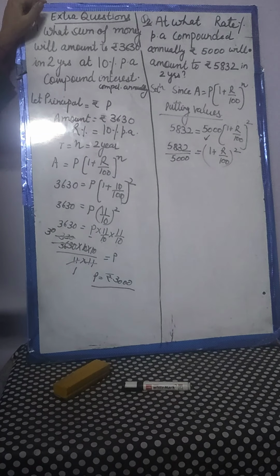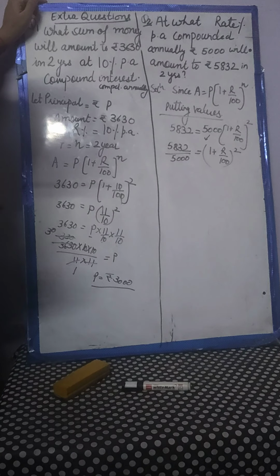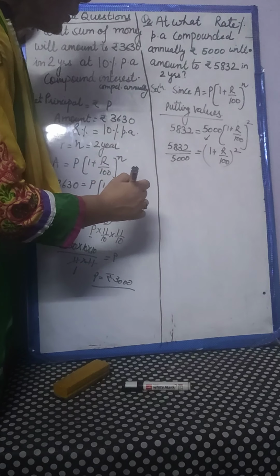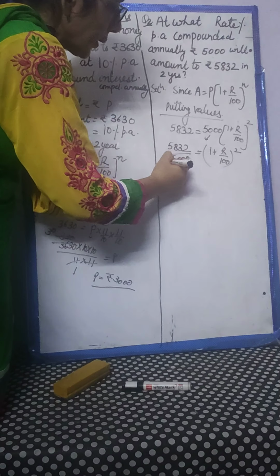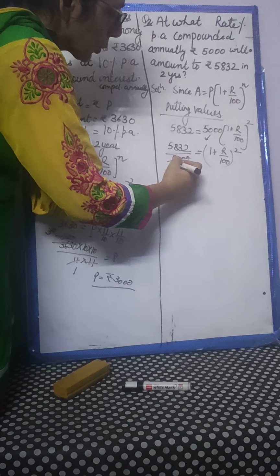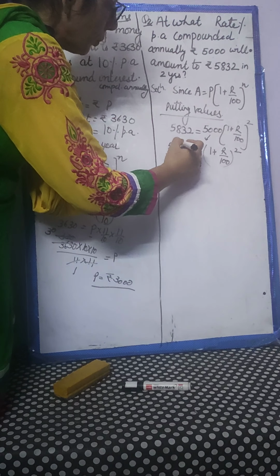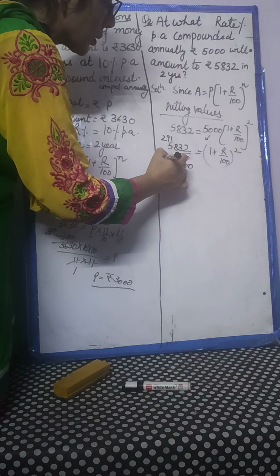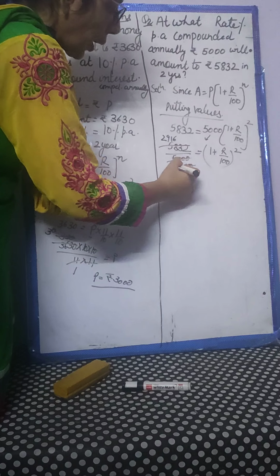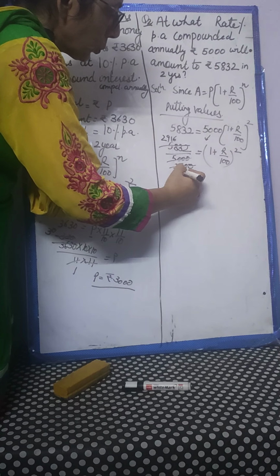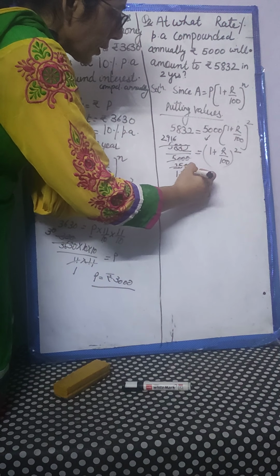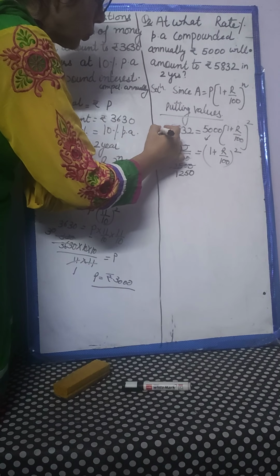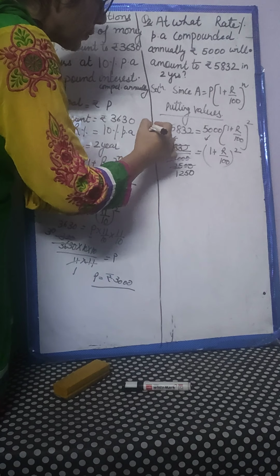So what is there in this question? We have to do it in a simple way. I am cancelling it. 2 2s are 4, 5, 0, 0. 2 2s are 4, 2 9s are 18, 2 1s the 2, 2 6 the 12. Again 2 1s the 2, 2 2s are 4, 2 5s the 10. 2 4s the 8, 2 5s the 10, 2 8s the 16.